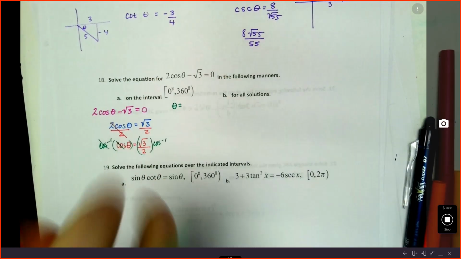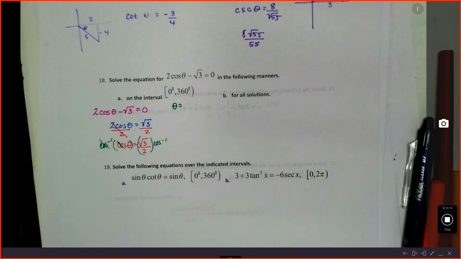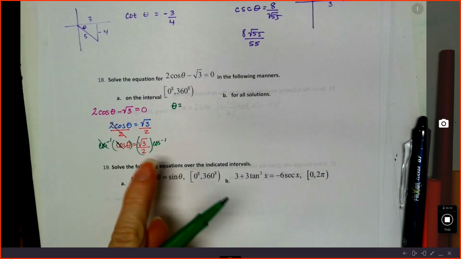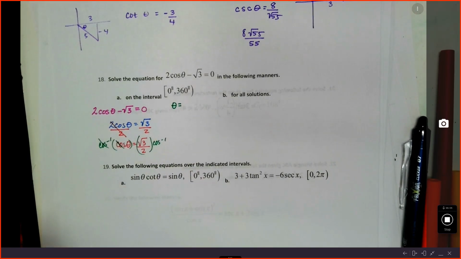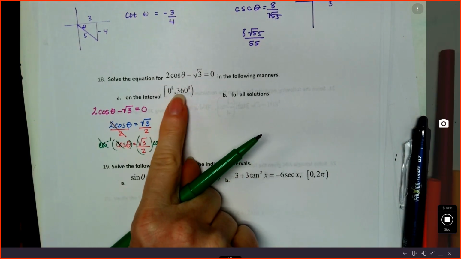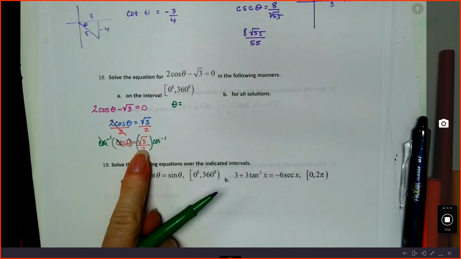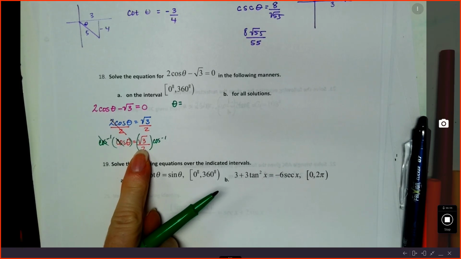Okay, so where does cosine equal square root of 3 over 2? It's in degrees. So you have the arc cosine of square root of 3 over 2. You should be able to plug that in. 30.